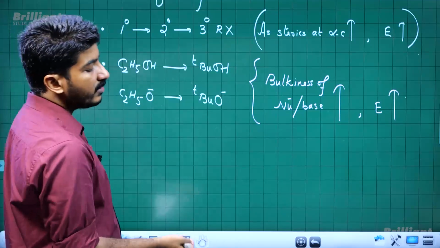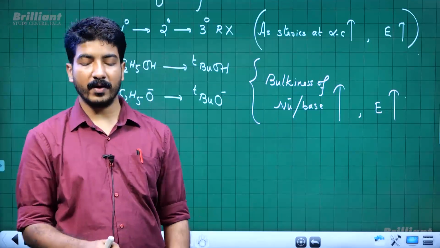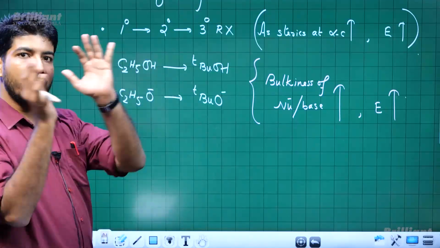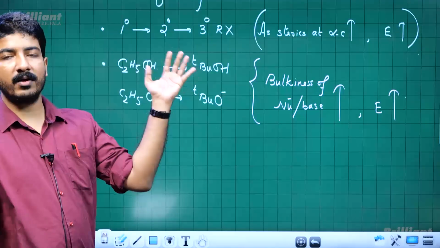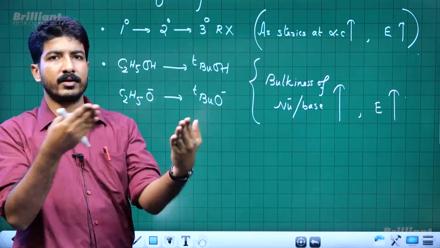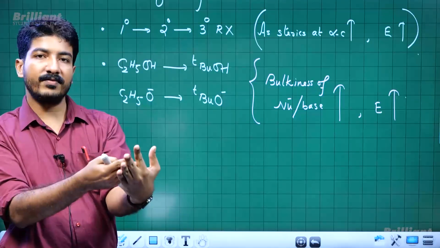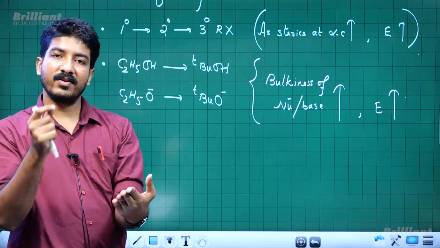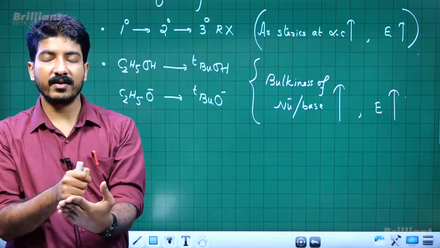So, steric factors could be anywhere. It could be on the reacting center, the alpha carbon. It could be on the base component also. As the base becomes bulkier and bulkier, it cannot directly attack the alpha carbon, right? The nucleophilic substitution occurs if the nucleophile is able to attack the alpha carbon, right?